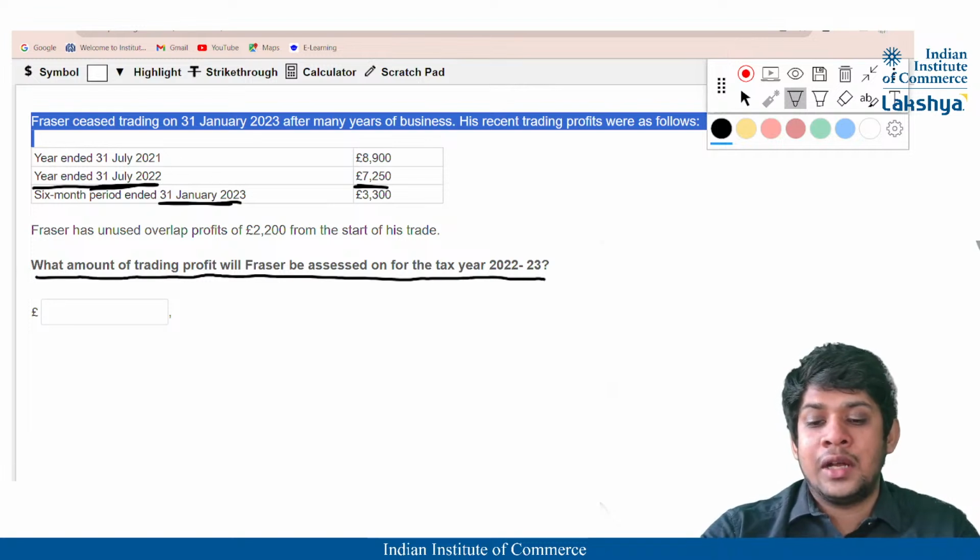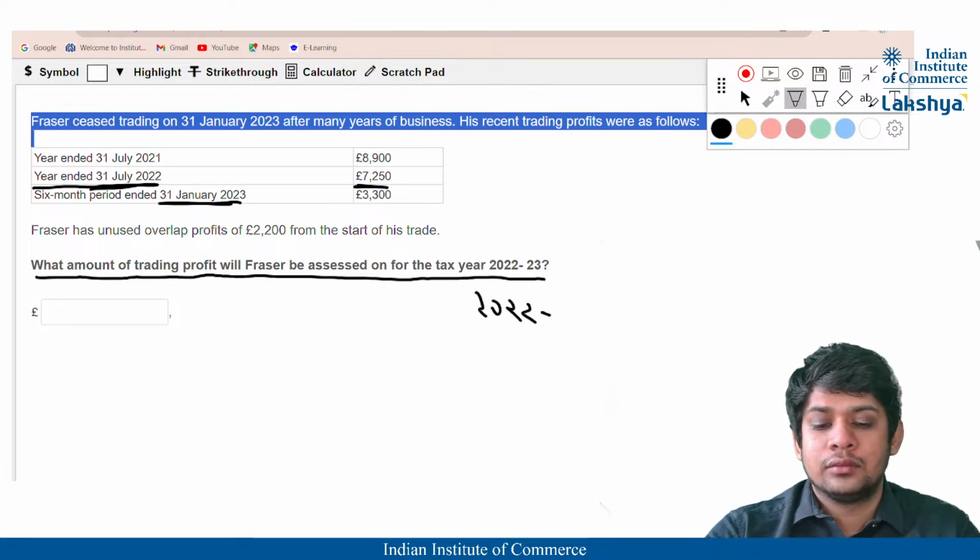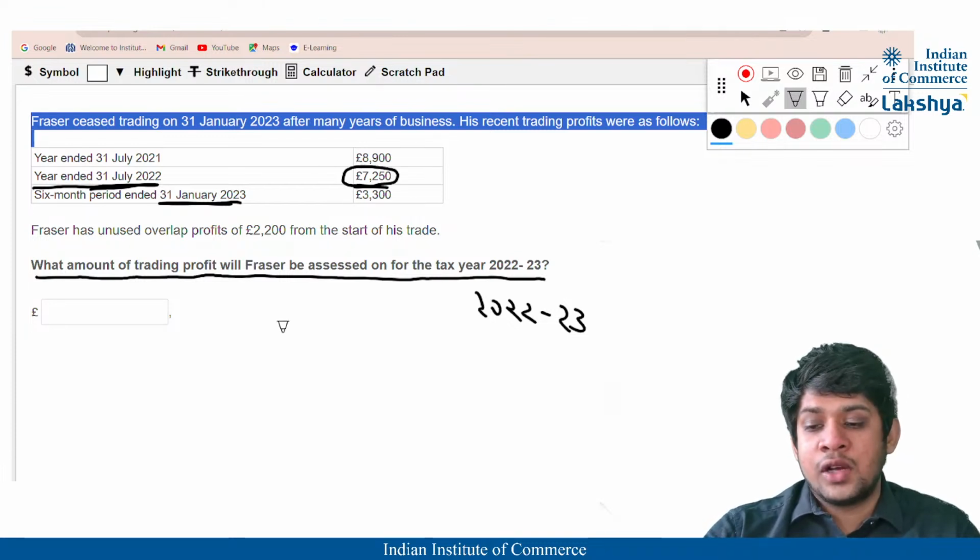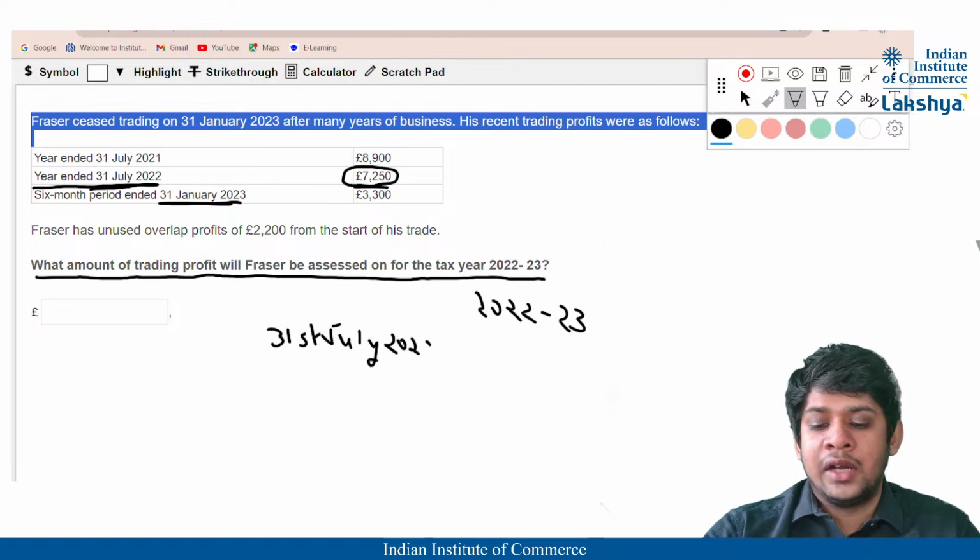So in the tax year 2022-23, firstly, this year comes into existence because this is the year ended 31st July 2022. Your tax year starts from 6th April 2022 and ends at 5th April 2023.